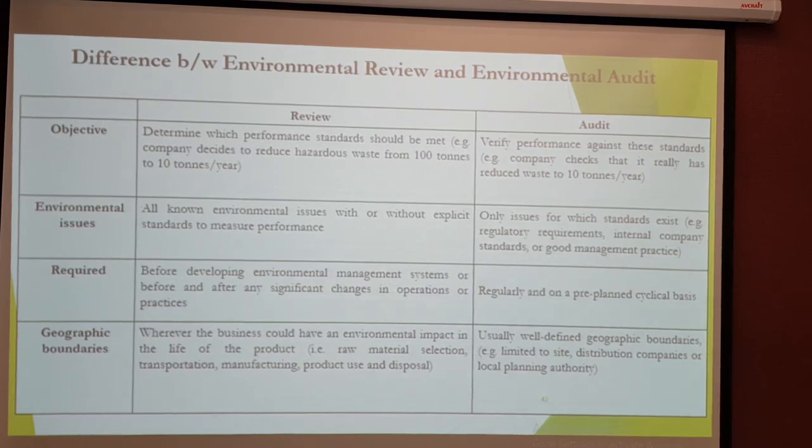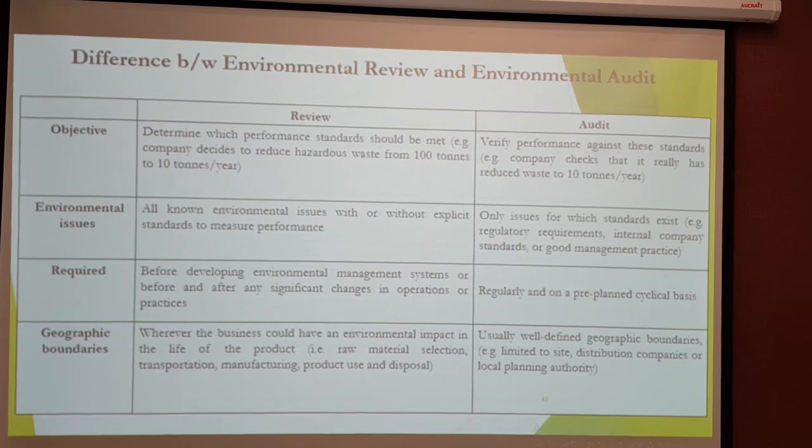And in case of environmental review, the main key area is a requirement like before developing an EMS, any significant changes in operation or in practices required. However, in case of environmental audit, a regular and pre-planned cyclical basis is required.